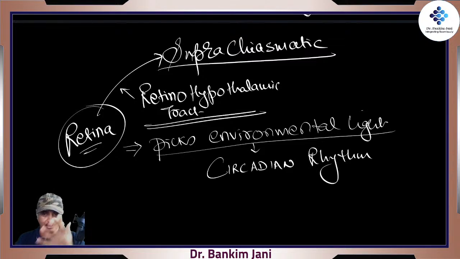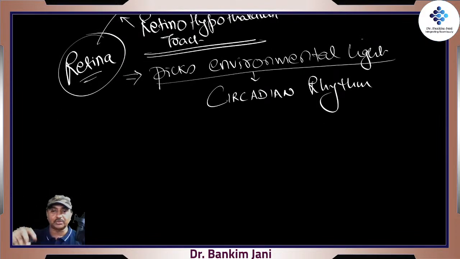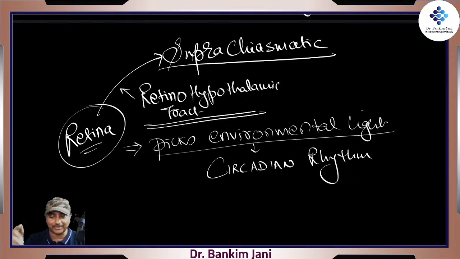This is full bright sunlight, right? And that's the reason you'll find that people even at 2 o'clock don't get good sleep. Now the secret is this, and this is the aha factor: retina will feed that information to suprachiasmatic nucleus.